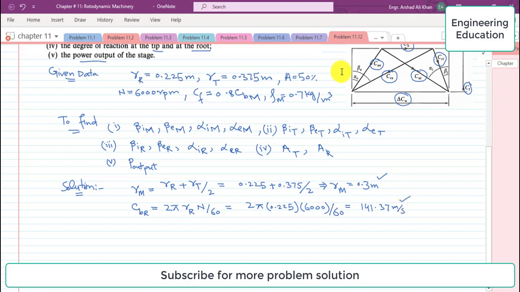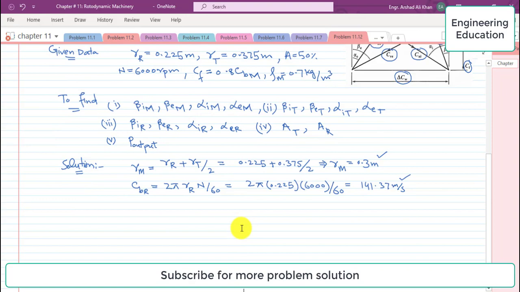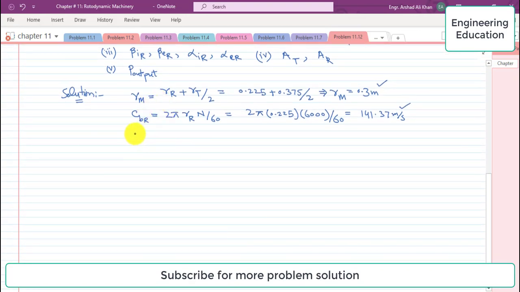Also, to find the value of blade velocity at tip, CBT, blade velocity at tip is equal to 141.37, which is the blade velocity at root, multiplied by 0.375, which is the radius at tip, divided by 0.225, which is the radius at the root.